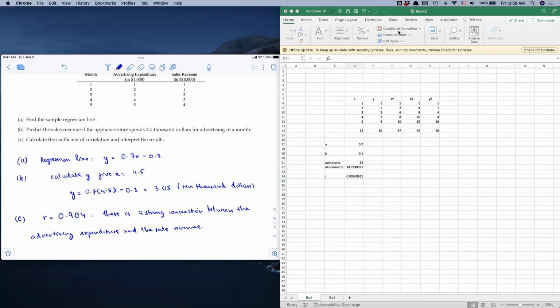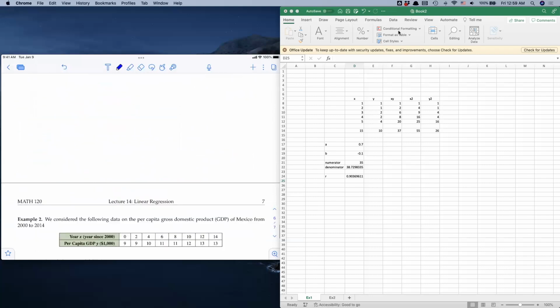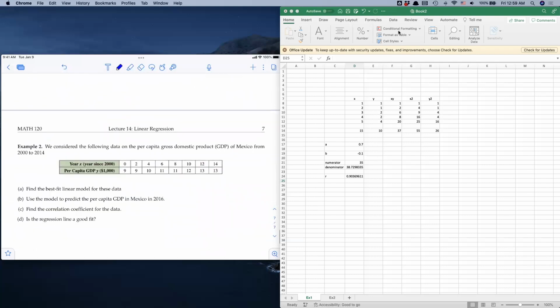Similarly, we're going to move on to the next example, where again we're going to find the sample regression line, and we're going to calculate the correlation coefficient and see what's going to happen. So here we have the data on the per capita gross domestic product, GDP, of Mexico from 2000 to 2014. You have the table of data right here.